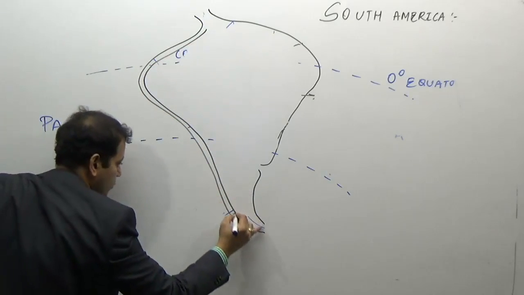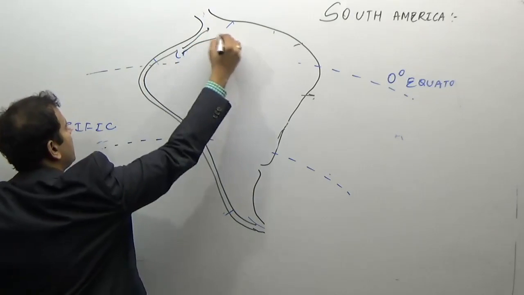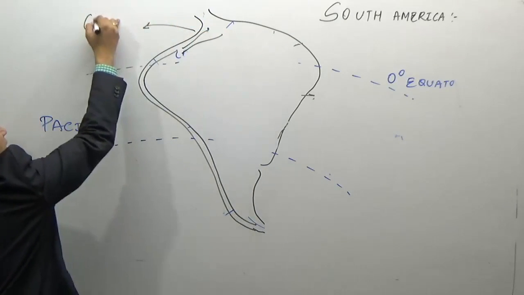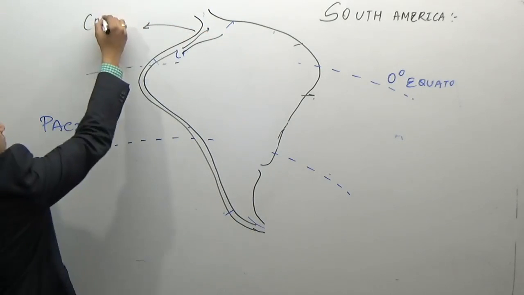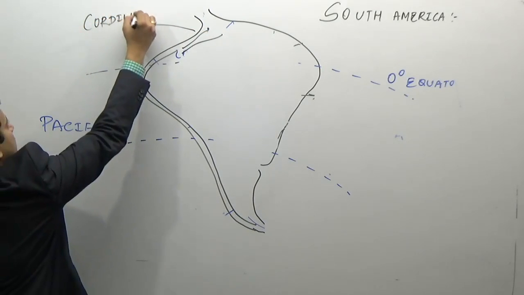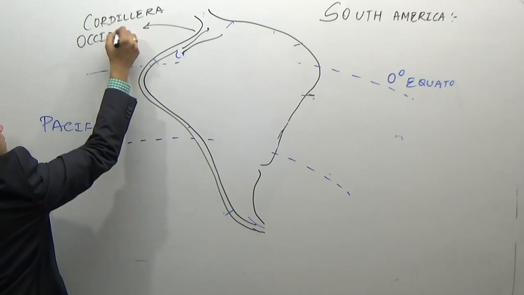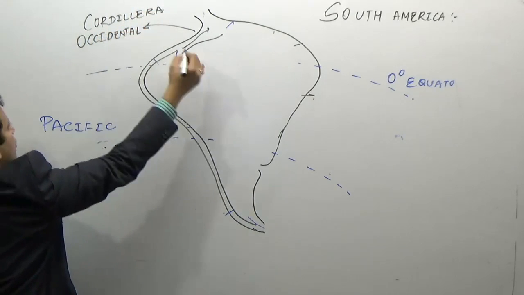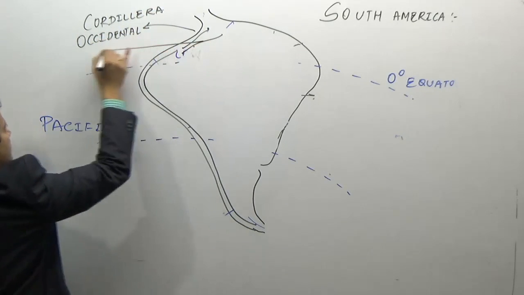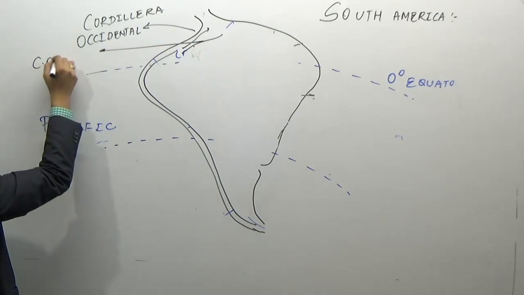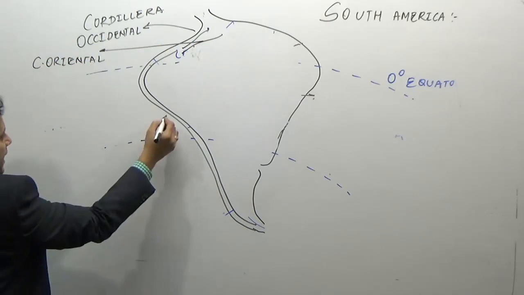These mountain systems are known by different names such as Cordillera Occidental, Cordillera Oriental, and the Andes.